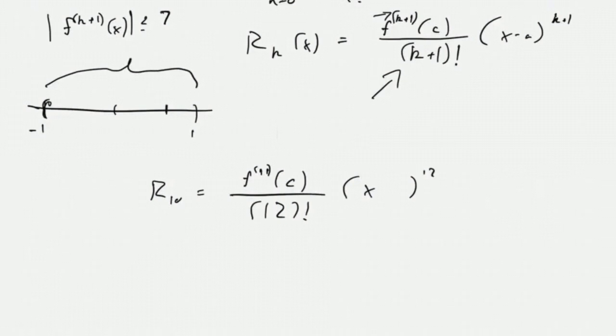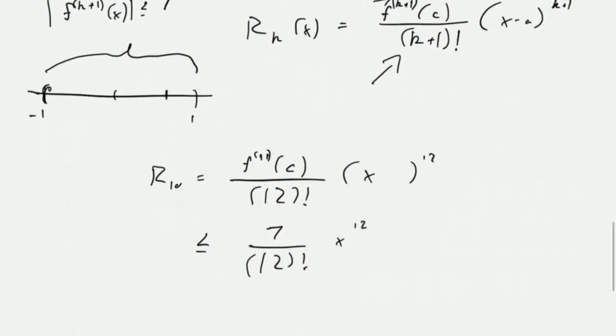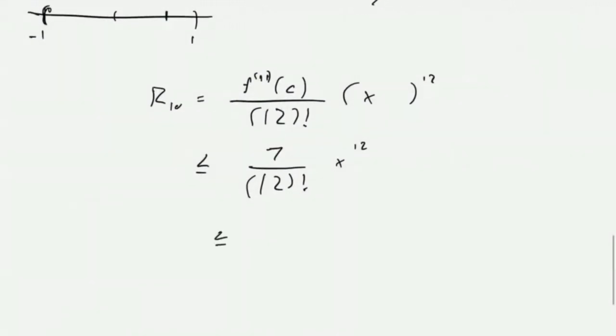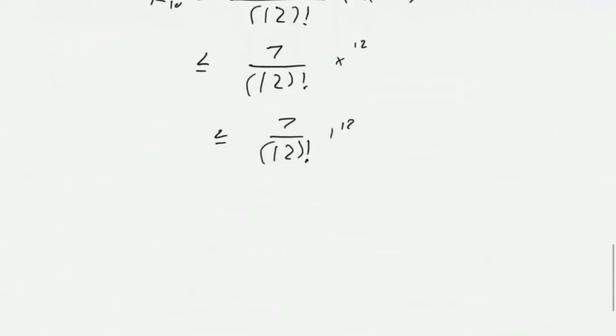So we know that our error term should be less than or equal to 7 over 11 factorial, x to the 11th. And since the absolute value of x is less than or equal to 1, we'll say the error is less than 7 over 11 factorial, 1 to the 11th, which is just 7 over 11 factorial.